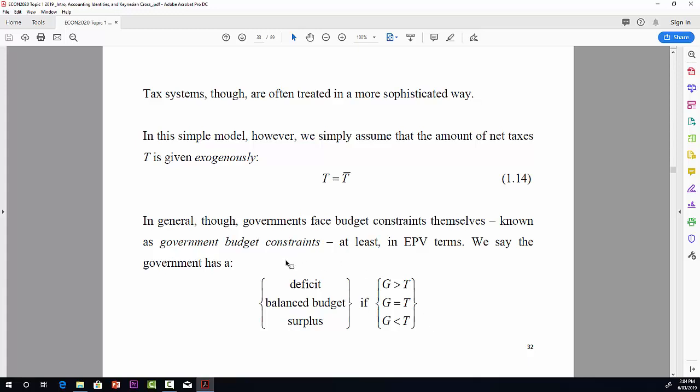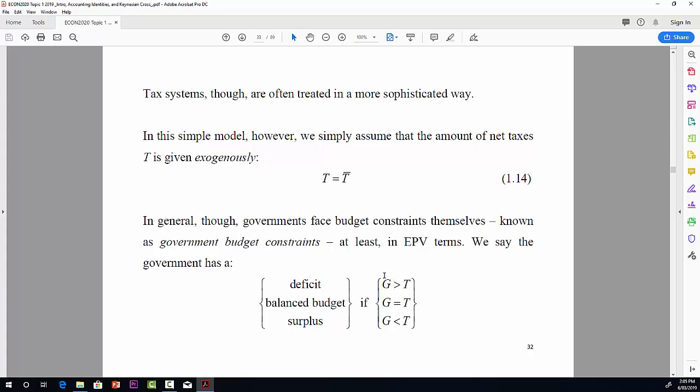Now, governments themselves face budget constraints. These are known as government budget constraints, and they face these constraints at least in expected present value terms. We say that a government has a deficit whenever government expenditure is greater than net taxation.